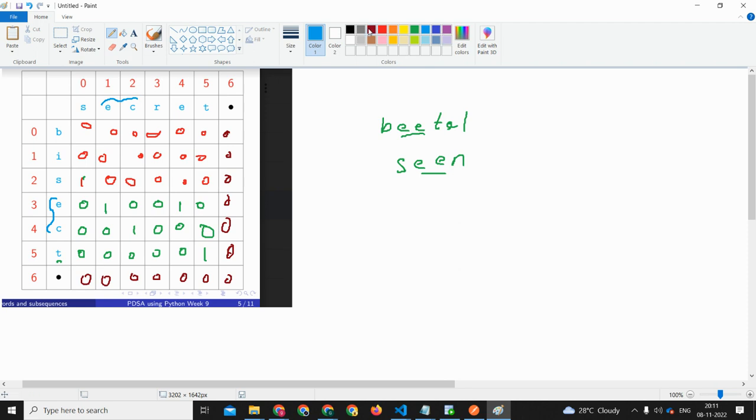That's happening because at C, at index 5, they're matching. They have a 1 over there. And even at one index lower for both the letters, you see that it's still matching. So once this happens, you know that there is an EC common between both the words.